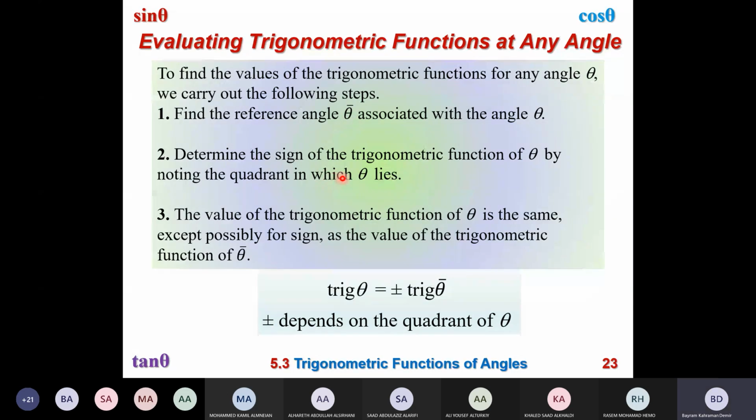Second, determine if the function is positive or negative in that quadrant. Then multiply by the trigonometric value of the reference angle. In short: the trigonometric value of theta is the same as, positive or negative depending on the location, the trigonometric value of the reference angle of theta. The positive or negative depends on the quadrant of theta, of course.